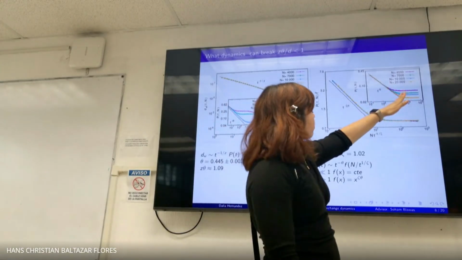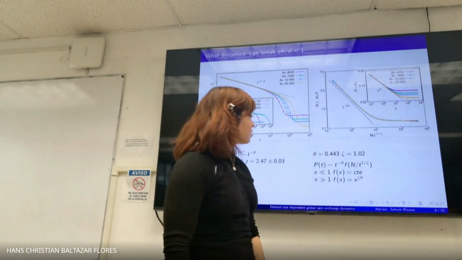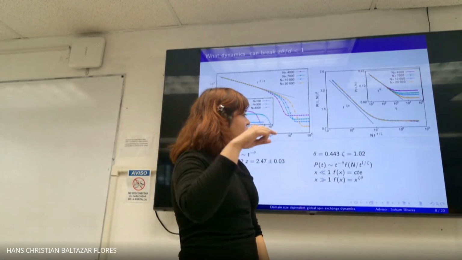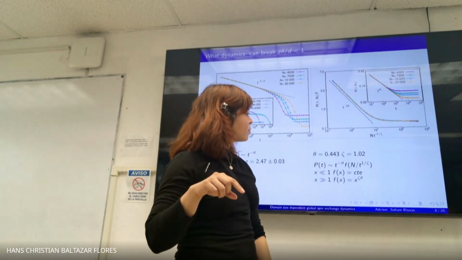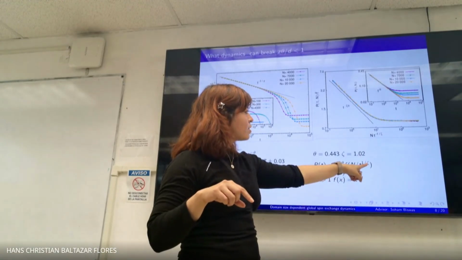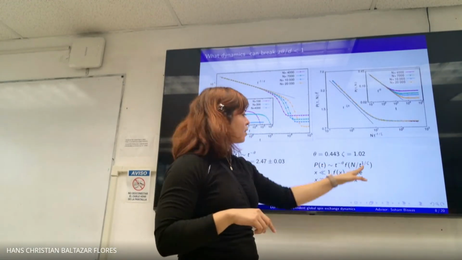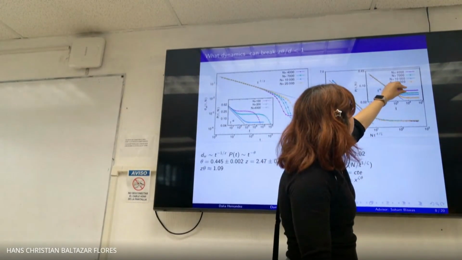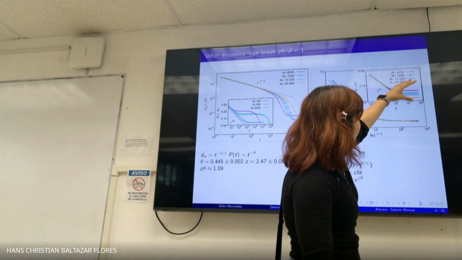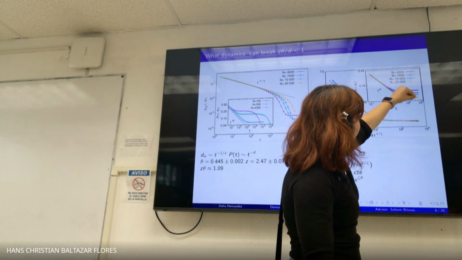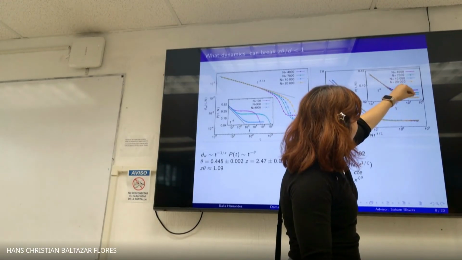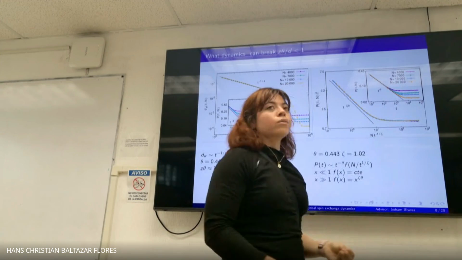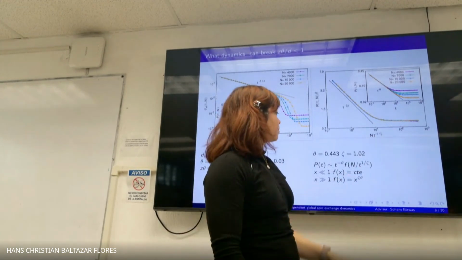This distance scales as n to the zeta over theta, where zeta is the exponent of the correlation length for the persistent sites. Hence, if you collapse these curves, you can know the value of zeta.